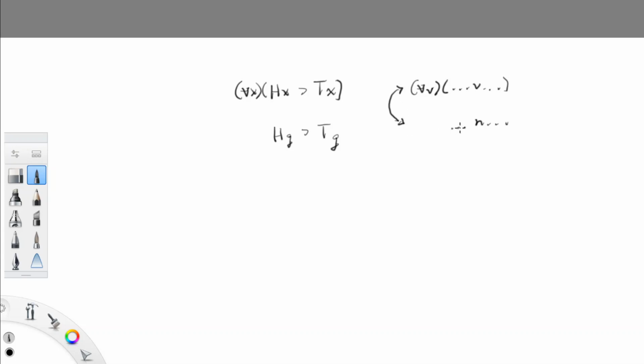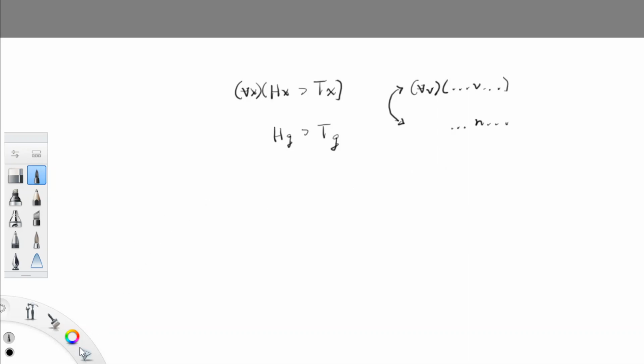What this expression means is that all occurrences of the variable v, whatever that variable happens to be, have been replaced with the same name n. We'll look at how the book expresses this syntactic change, dropping quantifiers, replacing variables with names. We'll look at the book's notation in the next videos on the predicate derivation inference rules.